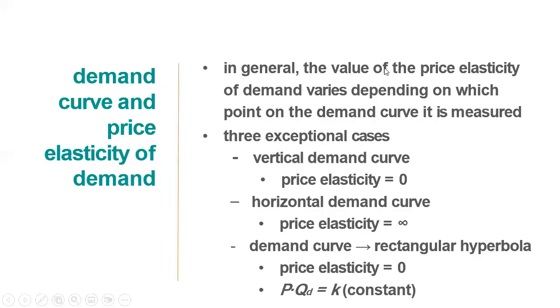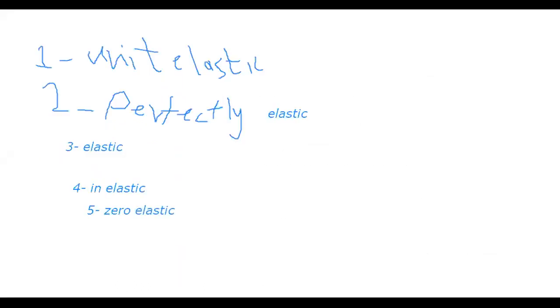In general, the value of price elasticity of demand varies depending on which point on the demand curve it's measured. There are 3 exceptional cases. First, price elasticity is zero, because we have a vertical demand curve.